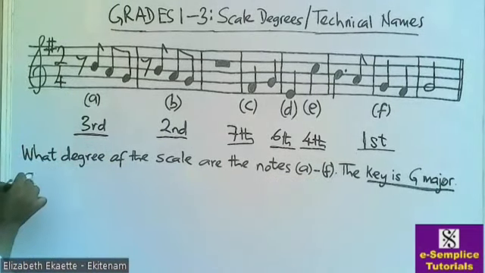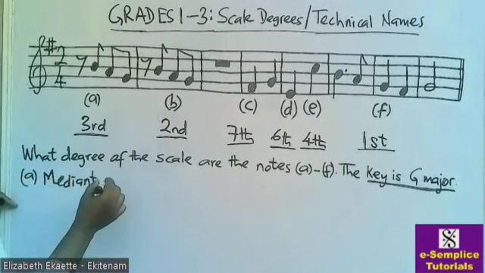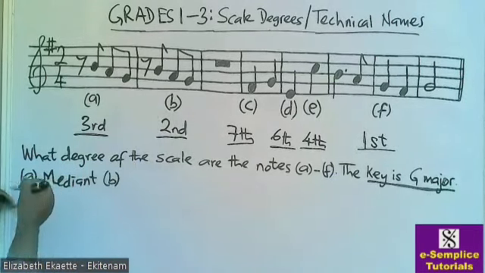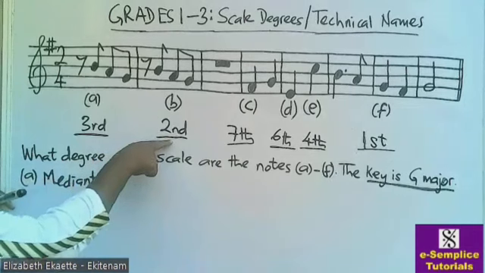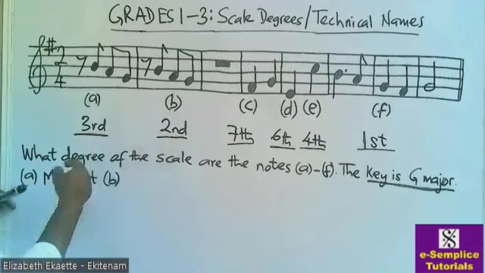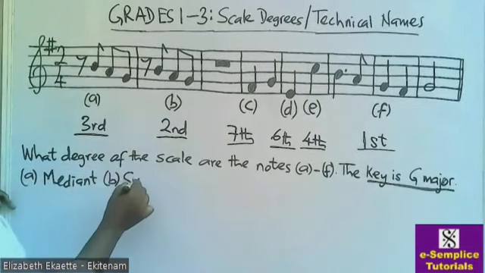For A, the technical name for the 3rd degree is actually mediant. The 3rd degree is mediant. Now, note B, the 2nd degree, the technical name for the 2nd degree is supertonic.